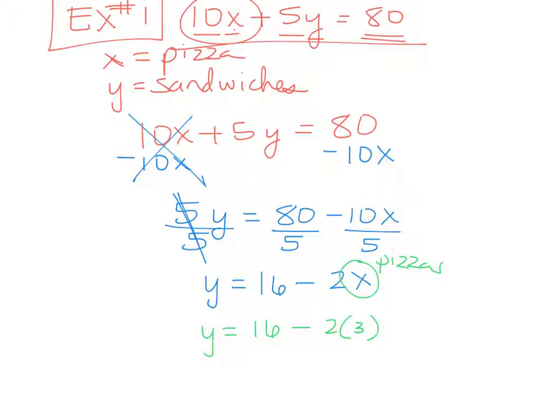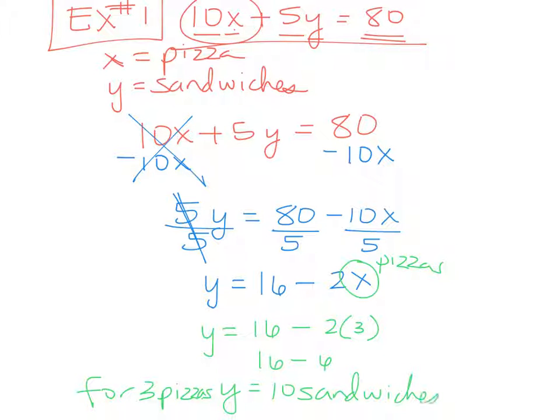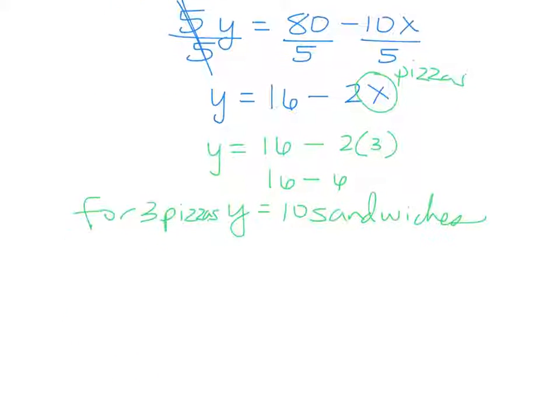And now you just have to compute with math. 2 times 3 is 6, so 16 minus 6 gives you 10. So if you did 3 pizzas, you would get y equals 10 sandwiches. So if you bought 3 pizzas, you could buy 10 sandwiches.